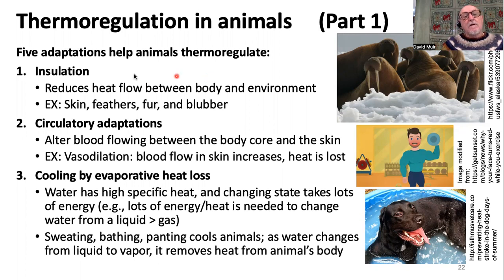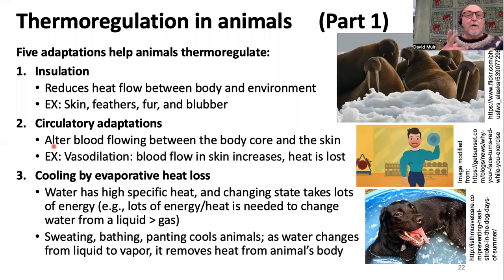The second set of adaptations are circulatory adaptations, and that is to regulate the amount of body fluid which is flowing through the circulatory system between the external, the skin and the extremities, for example, and the internal part of the body where the organs lie, and in particular the brain.